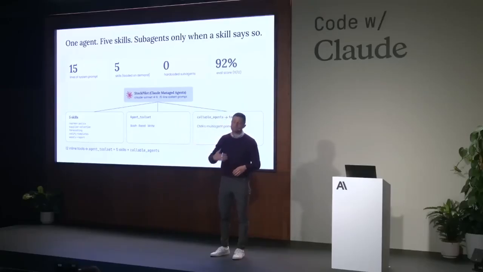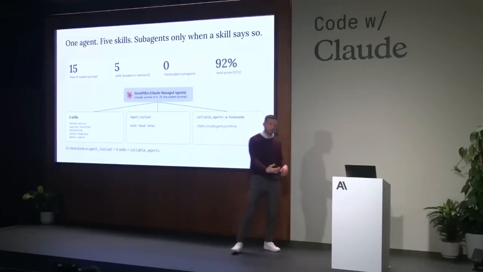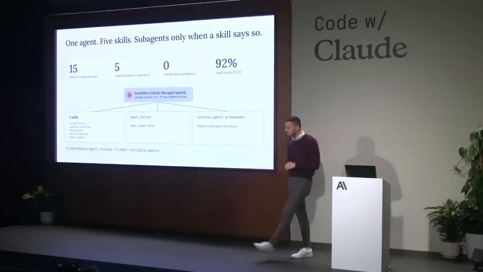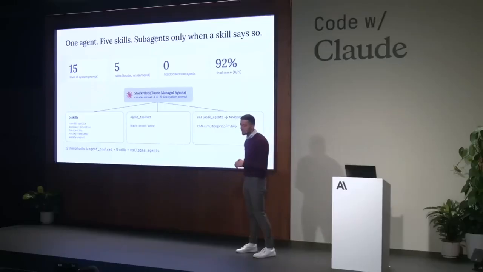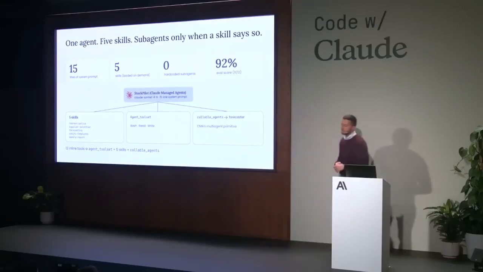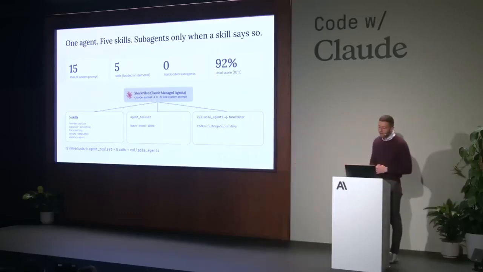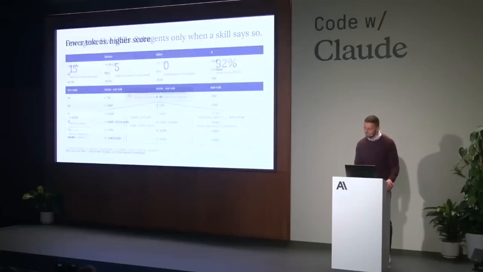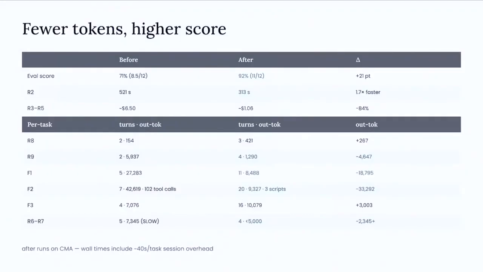As a result of this, we showed how we can then start hill climbing on evals to see improvements over time. So at the end of this, my eval score is about 92%. I've simplified my design. I'm leaning into some of the primitives that make Claude great. And I'm seeing the positive results after doing so. Again, some of the eval results, you see that here after running this. We're getting faster.